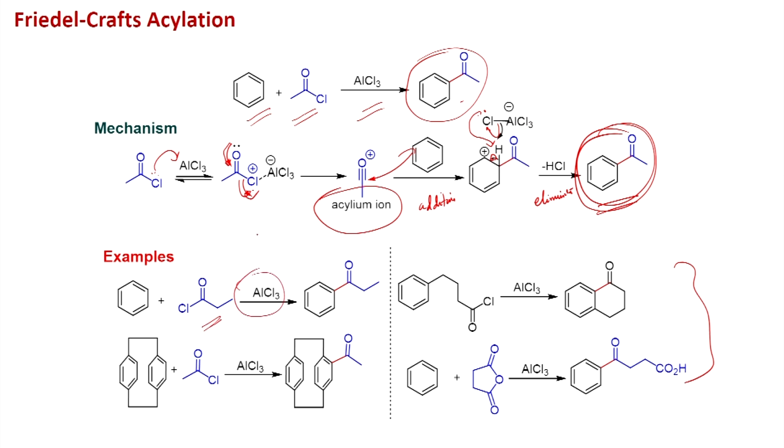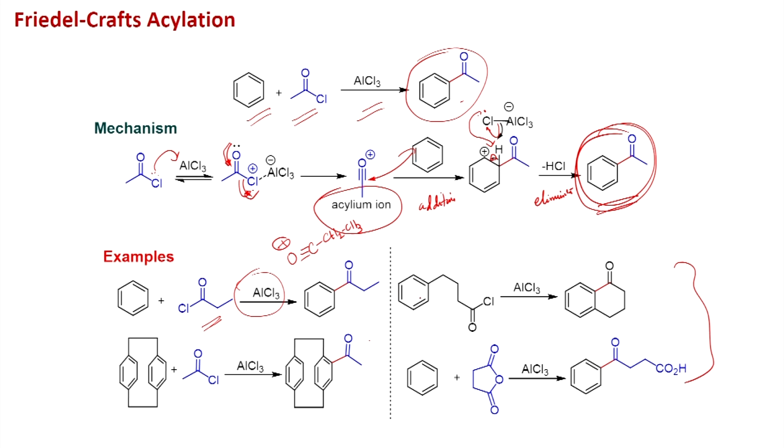aluminum chloride is shown here, as we have seen there, it can form the corresponding acylium ion intermediate.